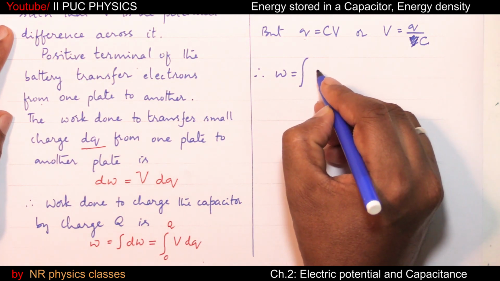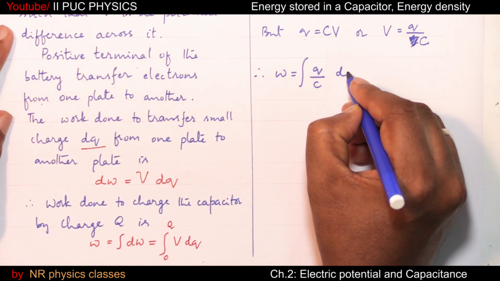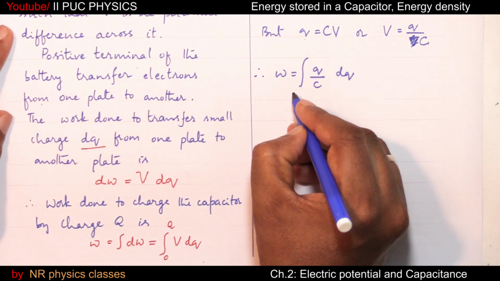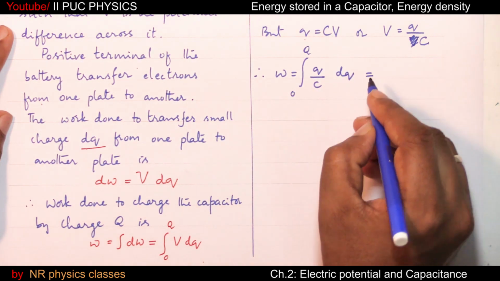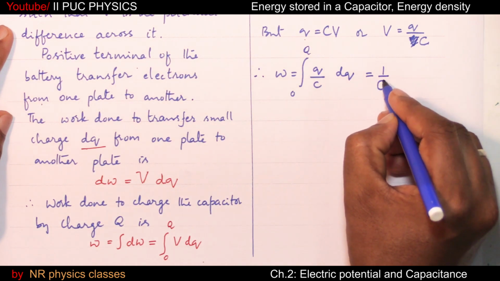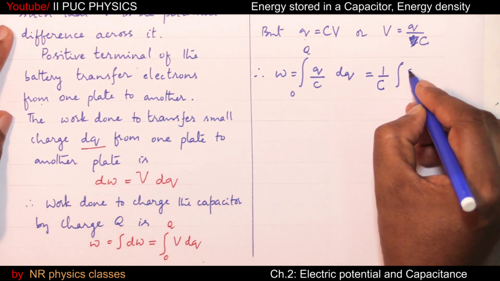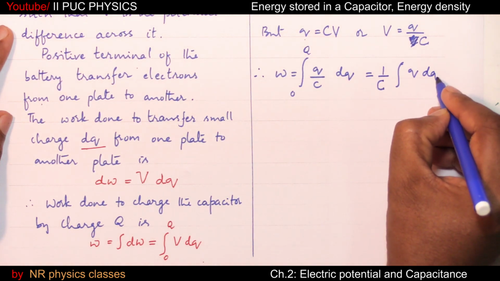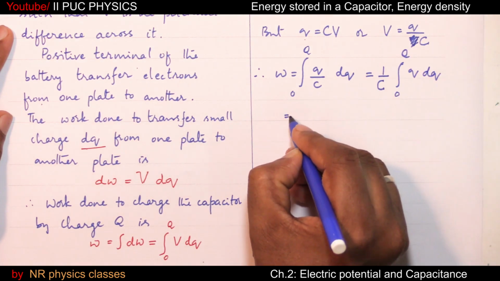In place of V, we can write Q by C into dq. Limits are from 0 to Q. 1 by C is constant. Take this outside. Integration of q into dq from 0 to Q.